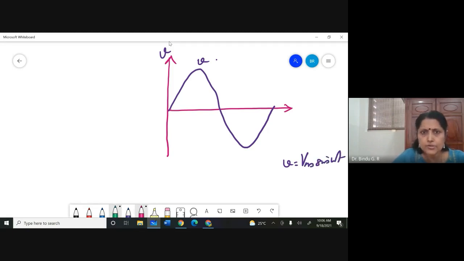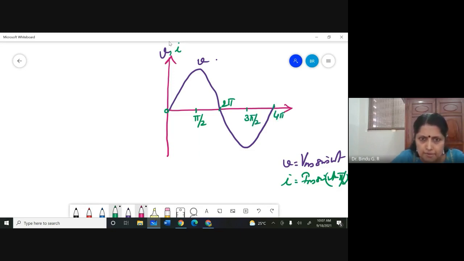Then I am going to draw I. I know I is equal to Im sin (omega t minus pi by 2) in an inductive circuit. So I choose these points: pi by 2, pi, 3 pi by 2, 2 pi. My current is lagging, which means my current waveform will be something like this.